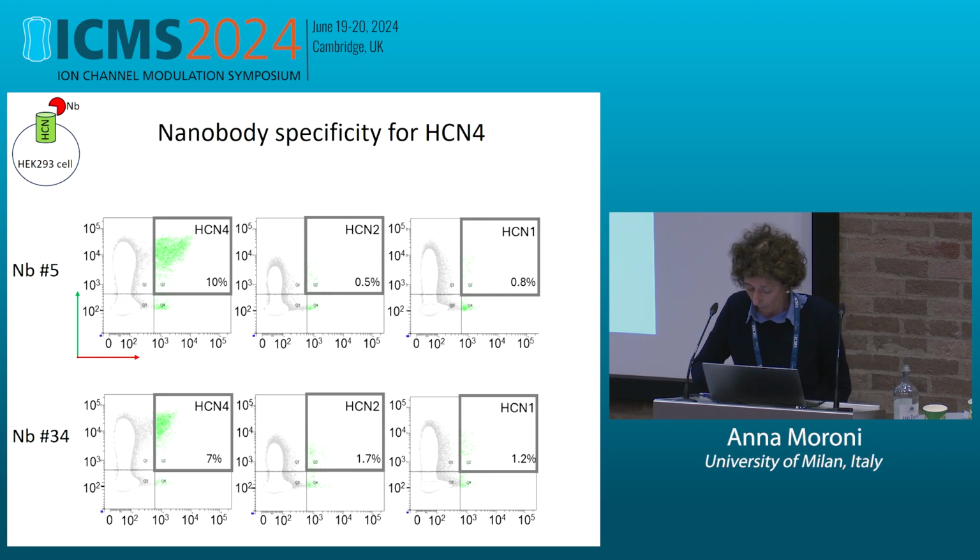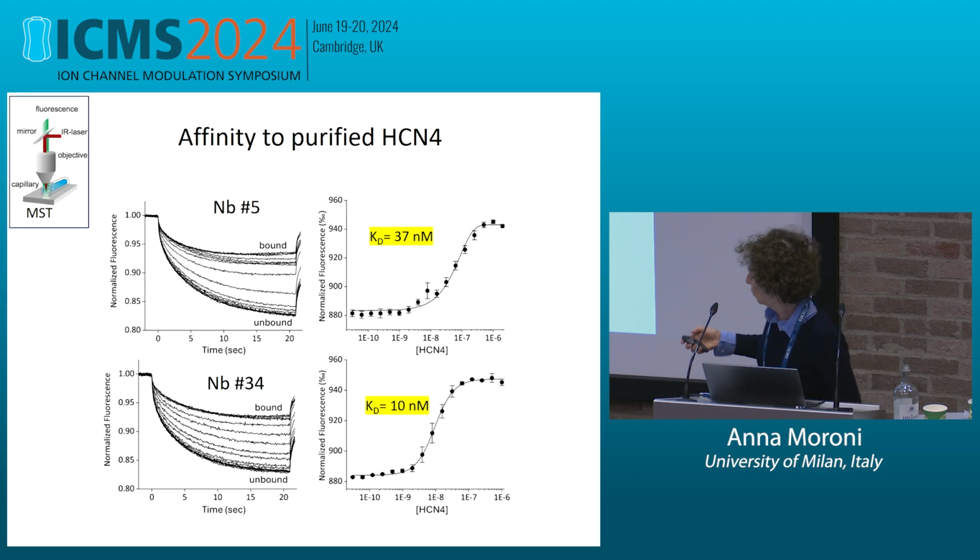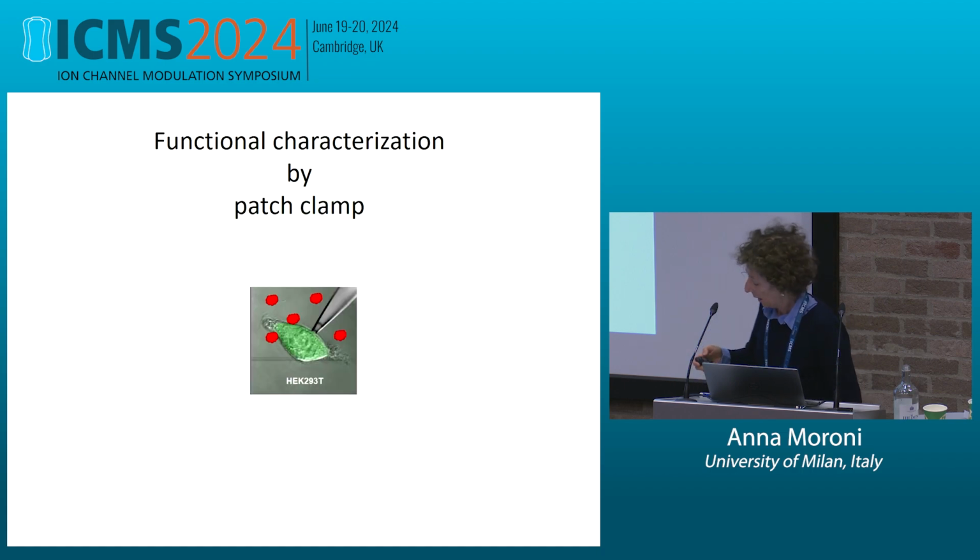So we also evaluated the affinity of these two nanobodies to the isolated, purified HCN4 protein by microscale thermophoresis. And we got an acceptable KD in the nanomolar range, 37 nanomolar for number 5, and 10 nanomolar, a little bit better, for 34. Then we went on and we screened by patch clamp.